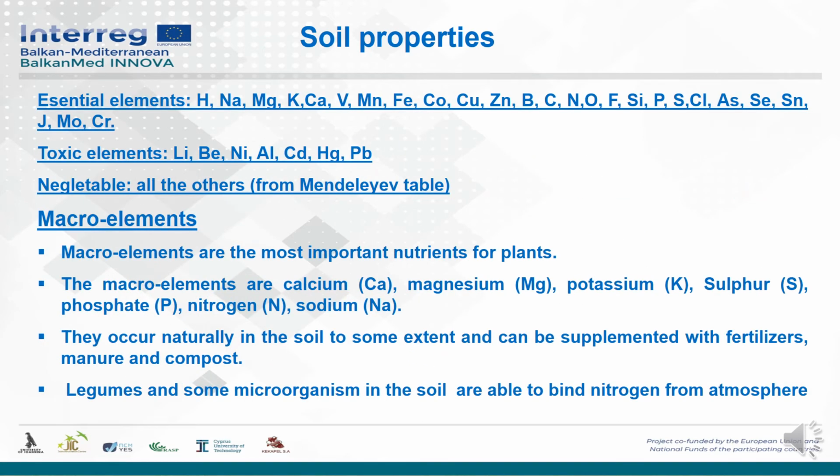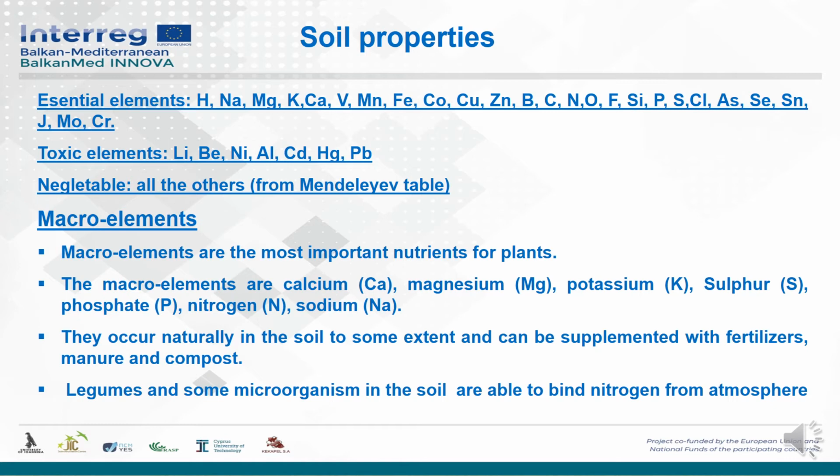Let's see here a list of elements. Here you have a list of some elements that can be found in the soil and that are important for the soil and for the plants. So we have here a list of essential elements, and I invite you to have a look and try to memorize them.